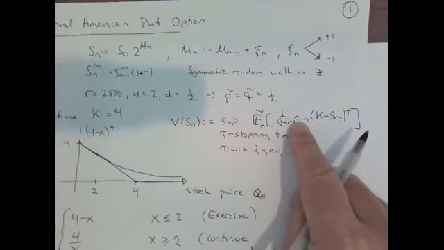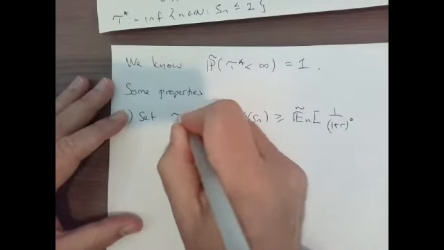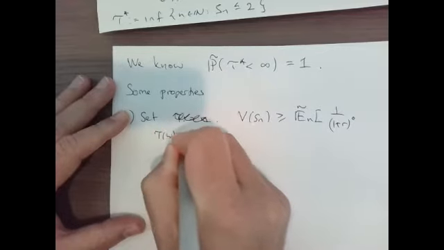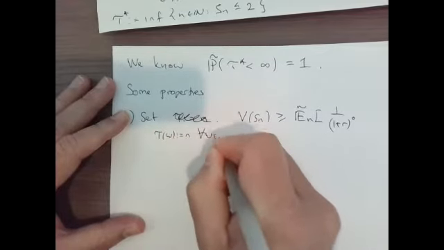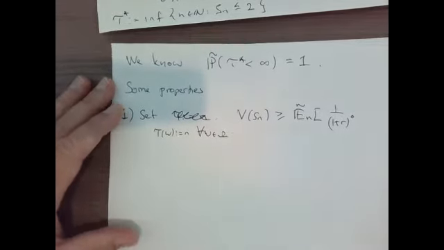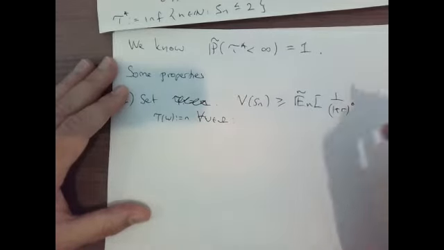Tau is constantly equal to n, right? So maybe I should be more specific: tau of omega is equal to n for any omega. So it's a constant. It doesn't depend upon omega, and then I'll get a 0 here.